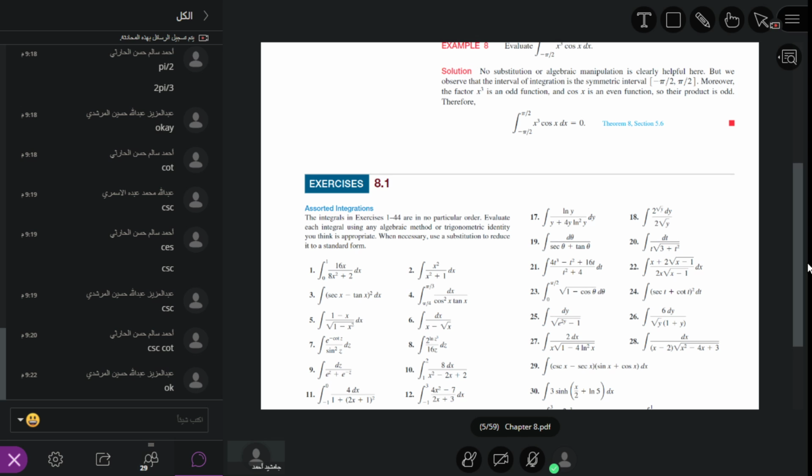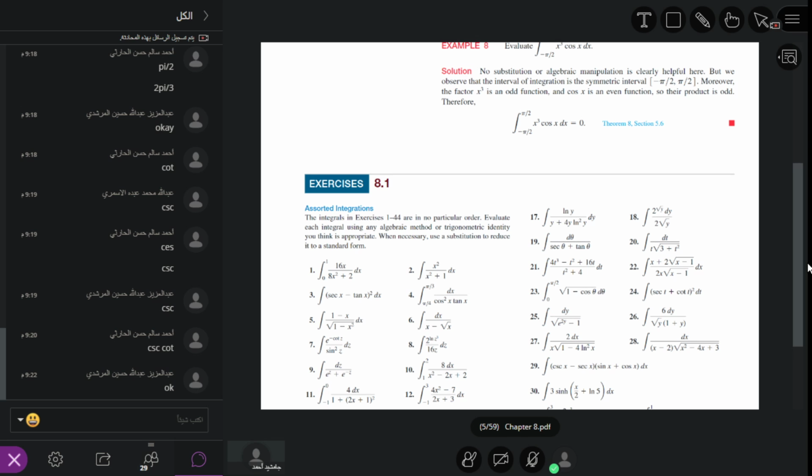So how can we solve this? We first simplify. Cosine square theta is a divisor of both 1 and sine theta.